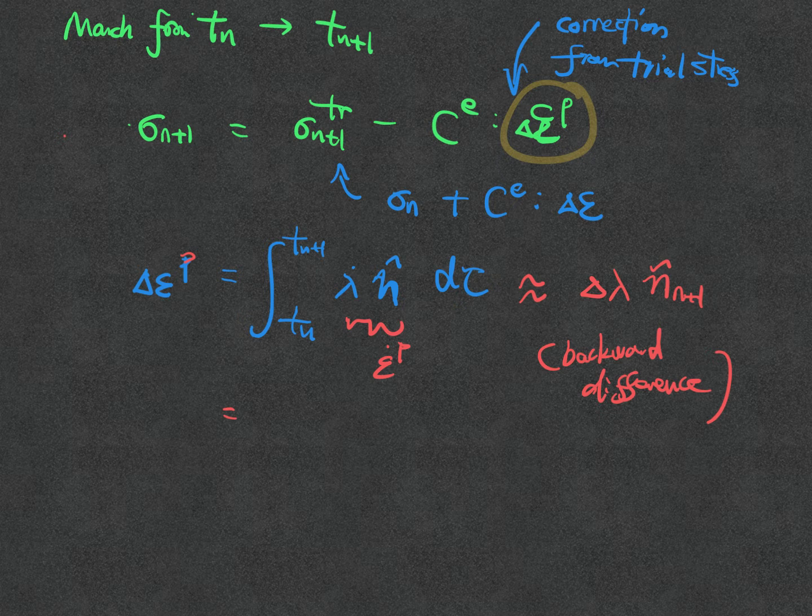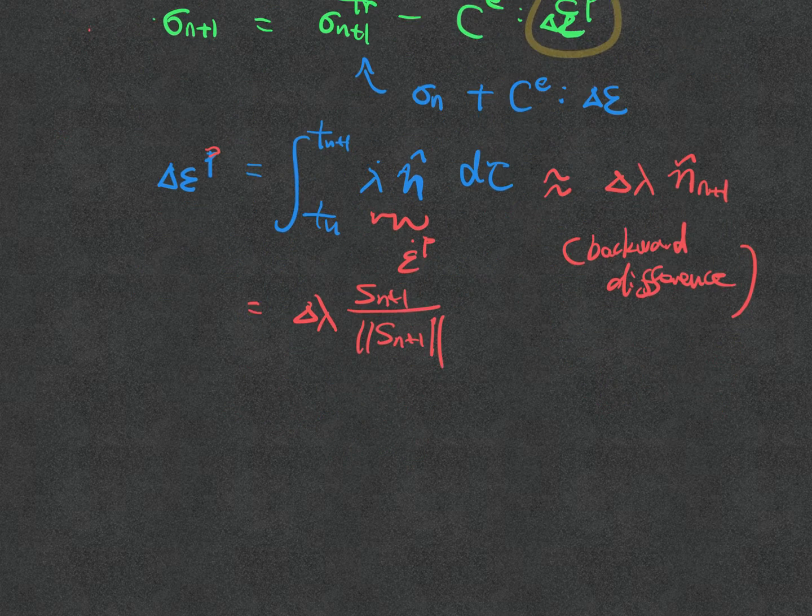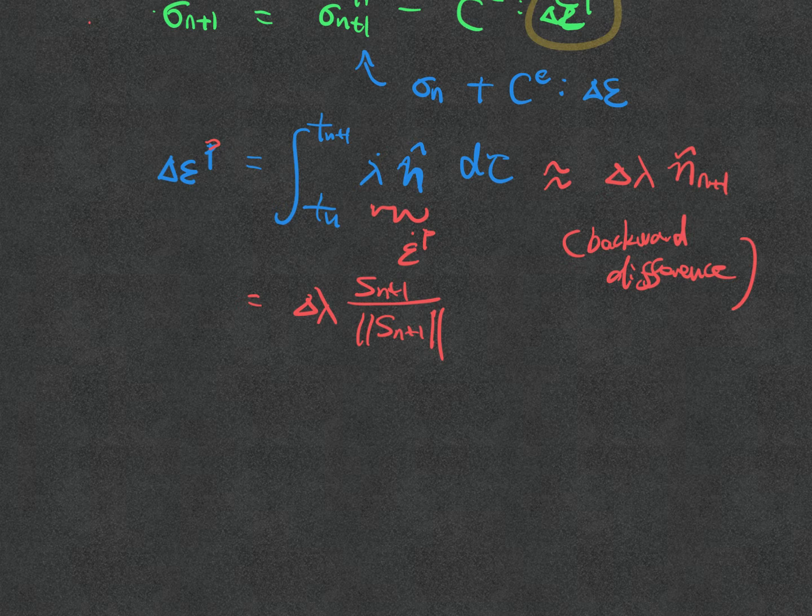Now this leads to delta lambda times Sn plus 1 divided by the norm of Sn plus 1. In that entire derivation, all the physical quantities are discretized in time steps, so the subscript n plus 1 represents the value at that time step. So far so good?